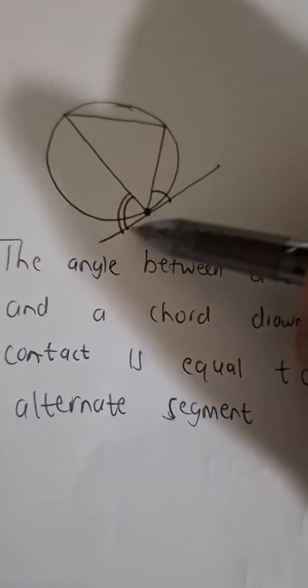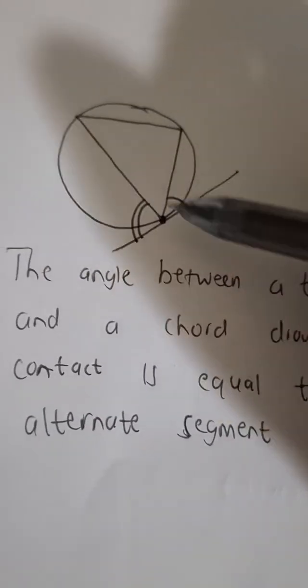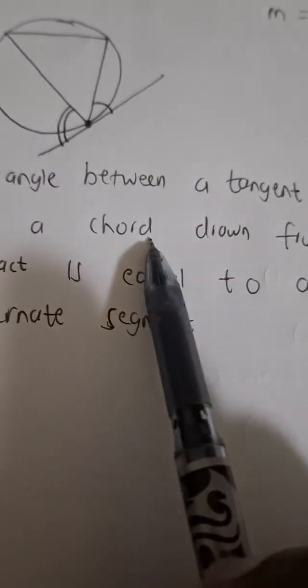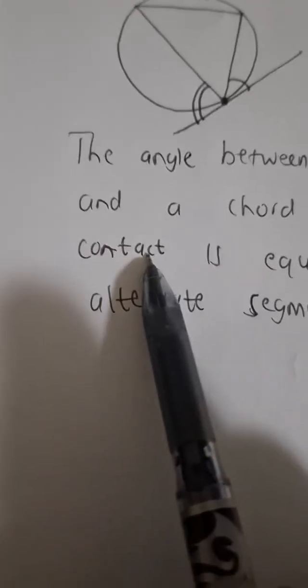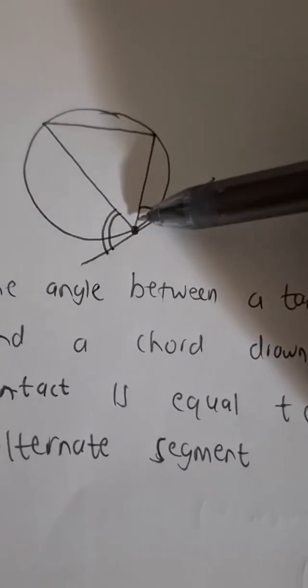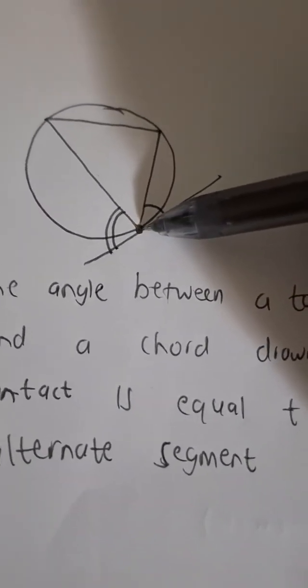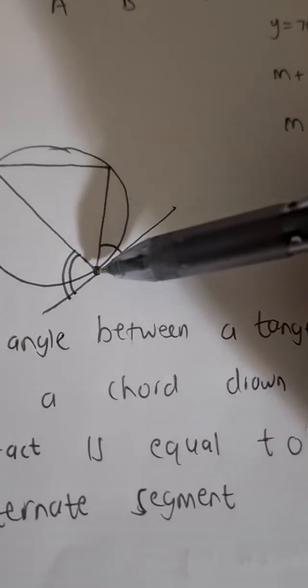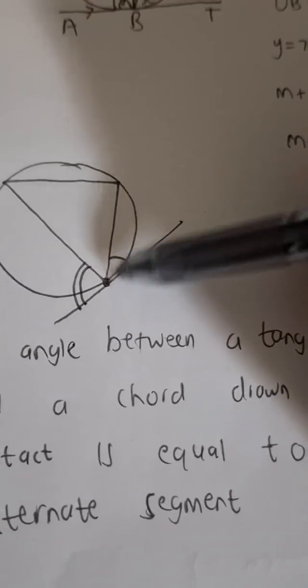Angle formed between the tangent and this chord on this side. Are we together? So what are they saying? The angle between a tangent to a circle and a chord drawn from the point of contact. Remember, this chord here is drawn from this point of contact, where the tangent and the chord meet.